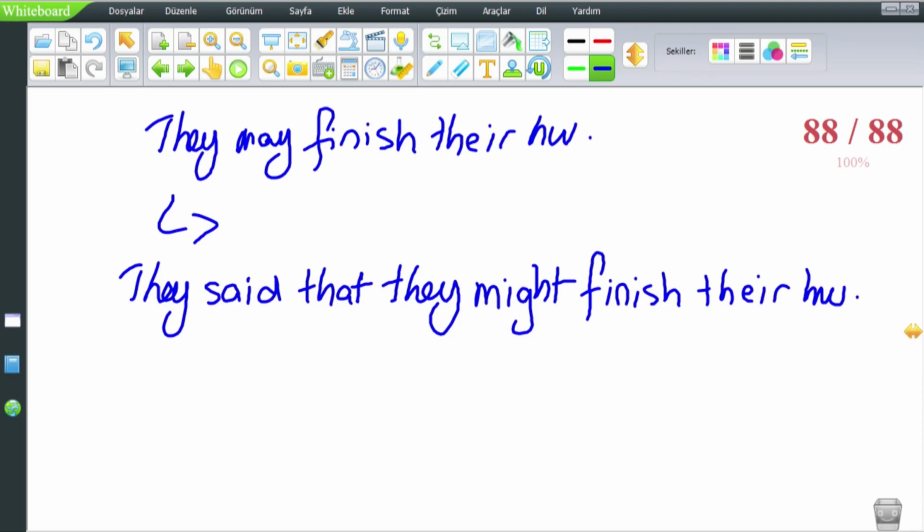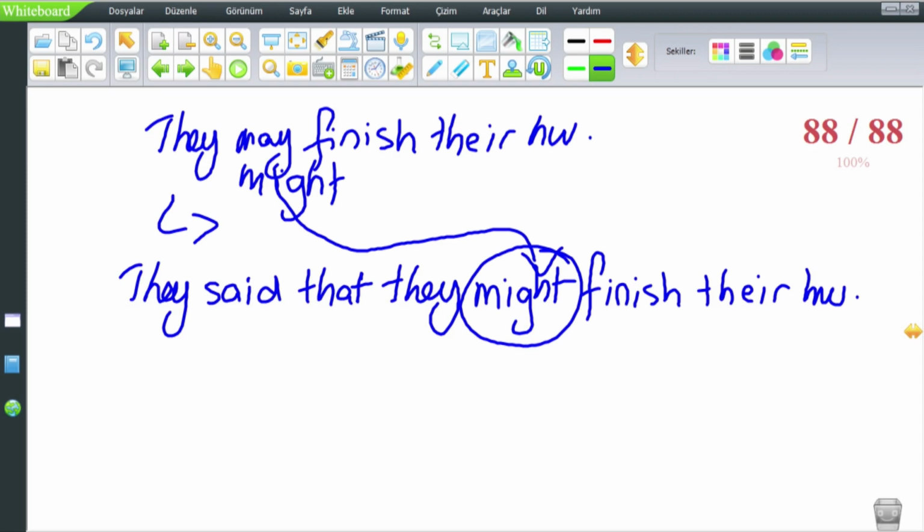When we are reporting the direct speech, and if there's a may, it turns into might. But if there's already a might in direct speech, it stays the same. For example, if it was they might finish their homework, it would again be the same. They might finish their homework.